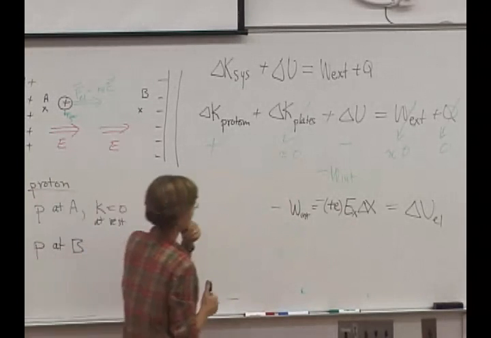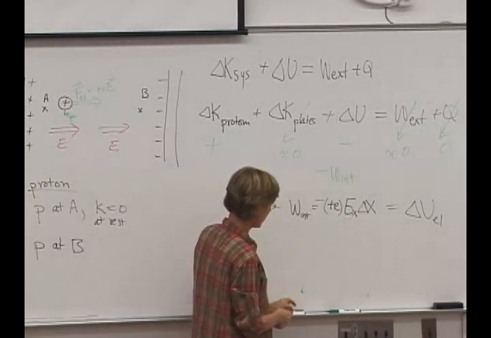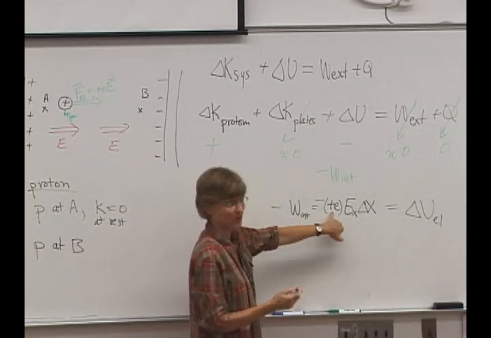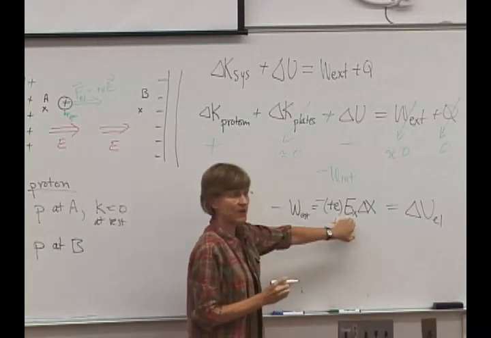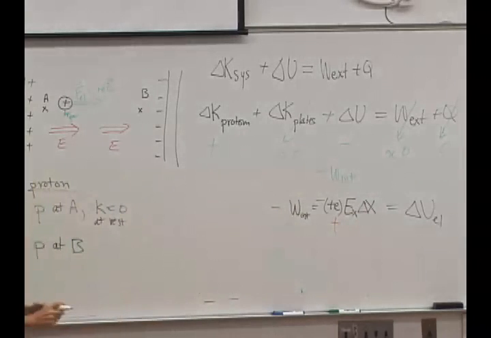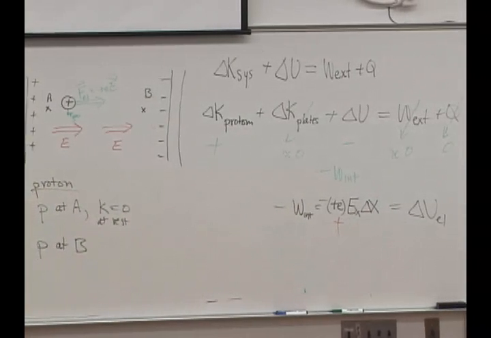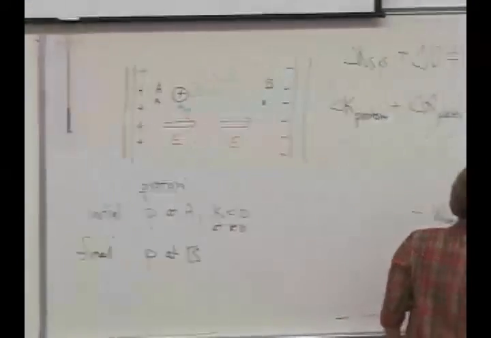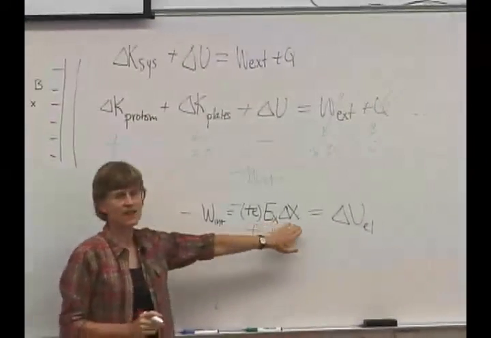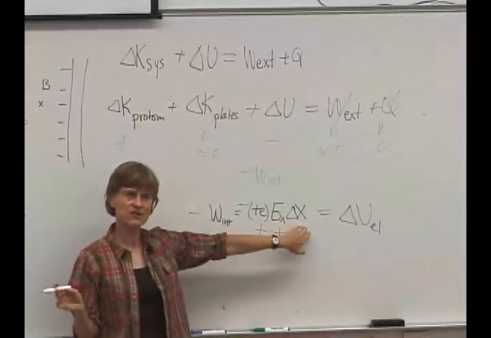So let's see if this comes out to be a negative quantity. Okay, we better look at the signs of all these things. Plus e, that's positive, that's good. E sub x, is the x component of the electric field in this case positive or negative? Positive, it's pointing that way, so that's good. Delta x is x final minus x initial.